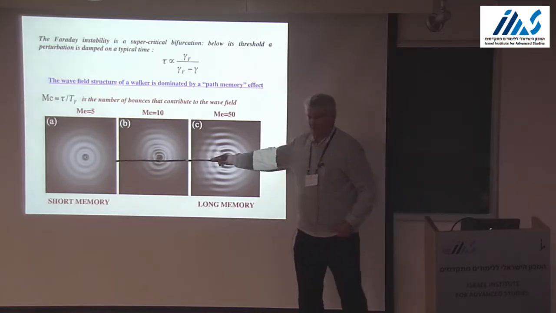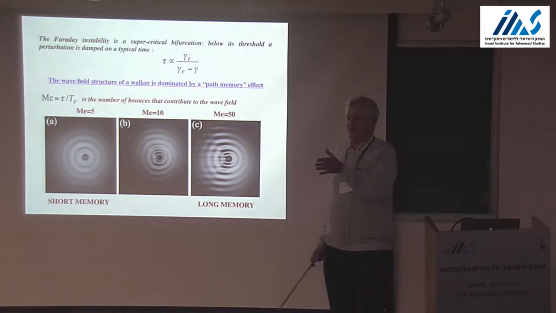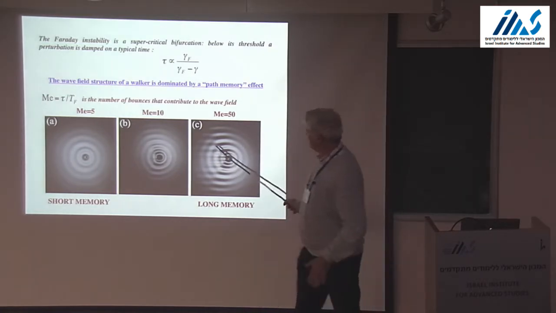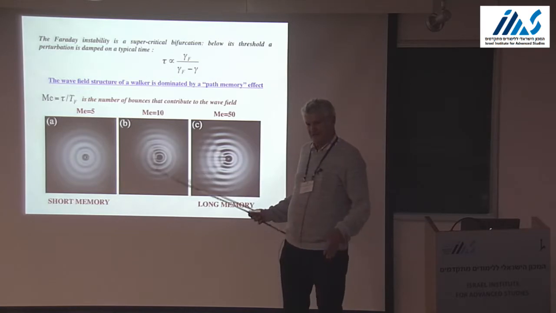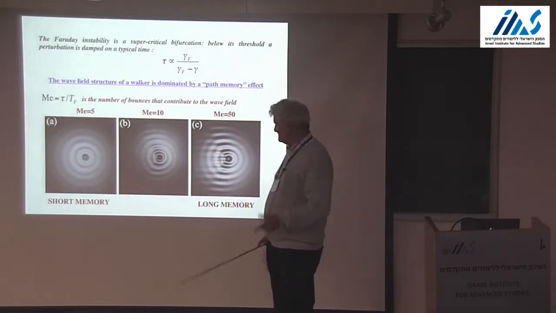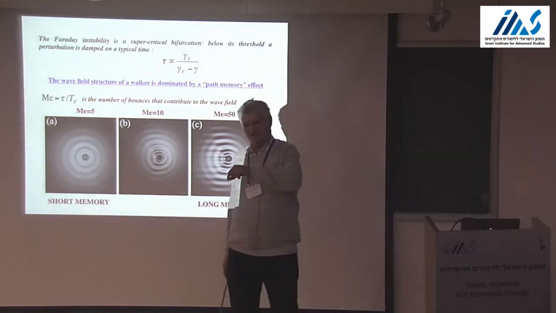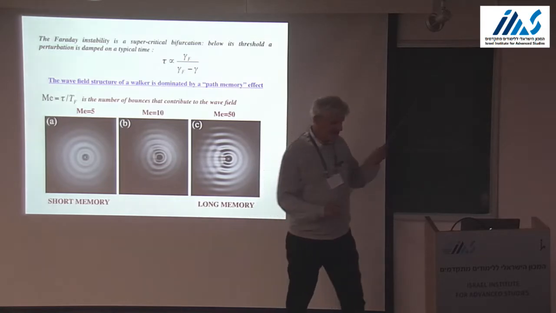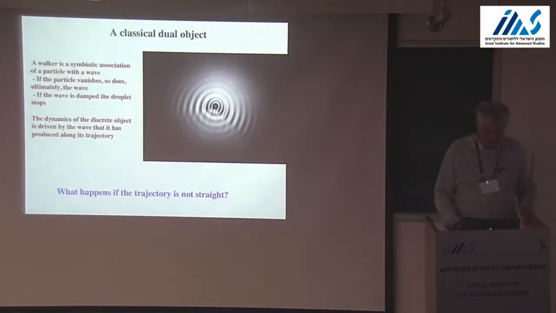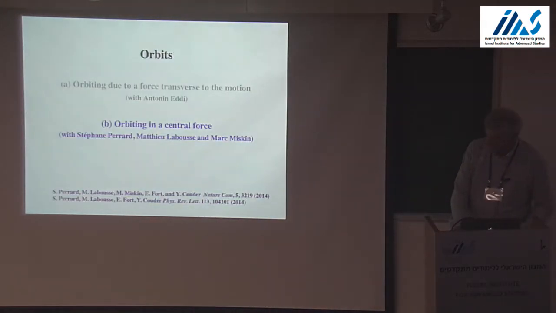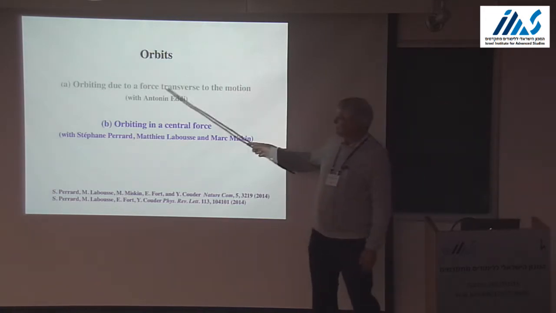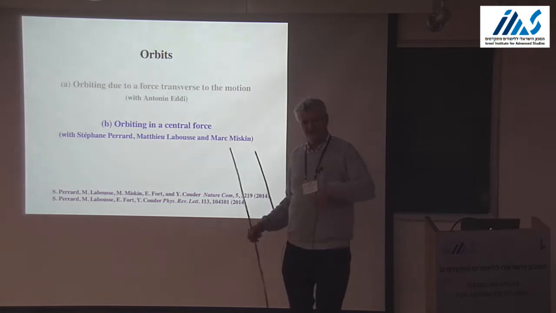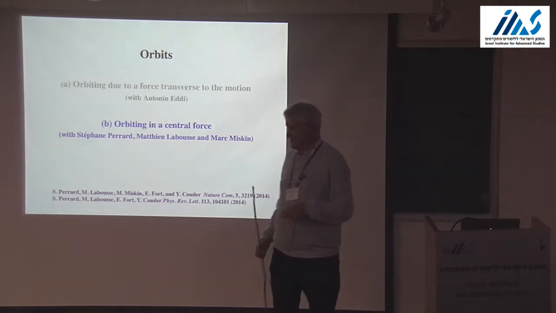It's not so important if the drop moves in a straight line, because it doesn't feel what is happening behind. So the question that arises is what happens if the drop revisits regions that it has already disturbed in the past. So this is what I'm going to discuss in the rest of the talk. We'll discuss situations where you have orbits of the drops.